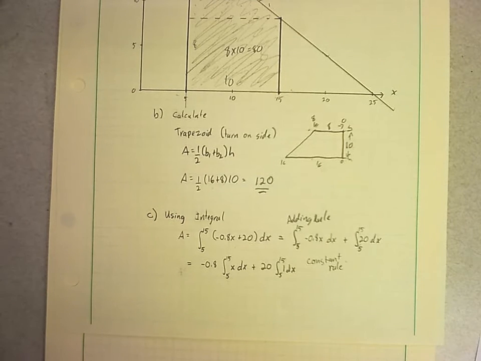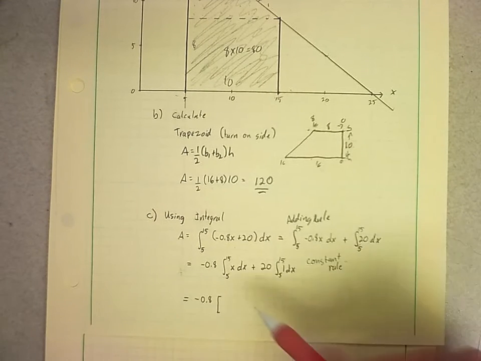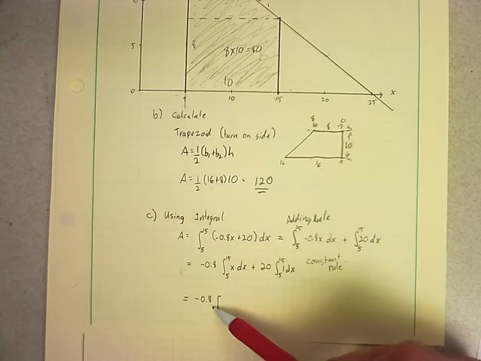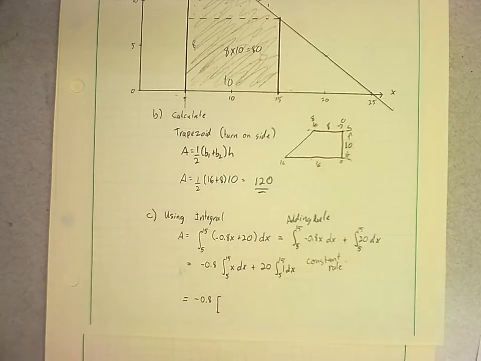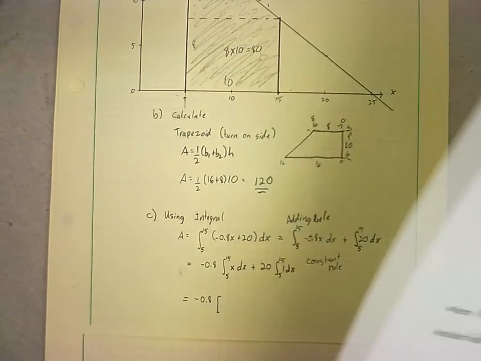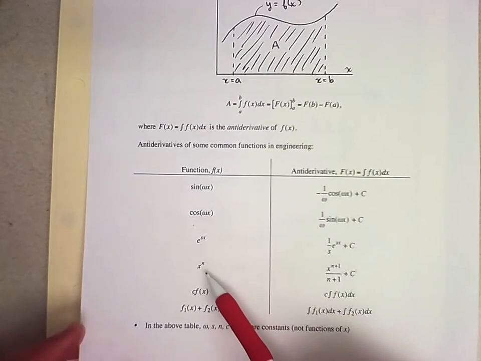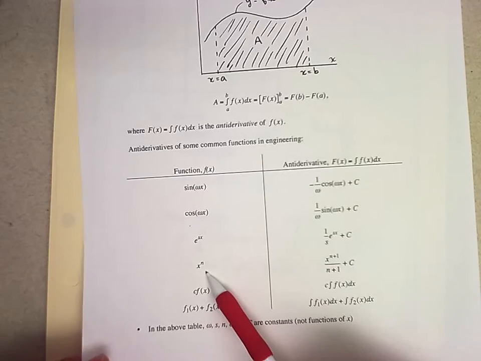So let's look at that. I'm trying to integrate this x dx. I know I've got a constant out front, and I'm only getting the antiderivative of that. We have a power rule that's going to be the exact opposite of what we had with derivatives.